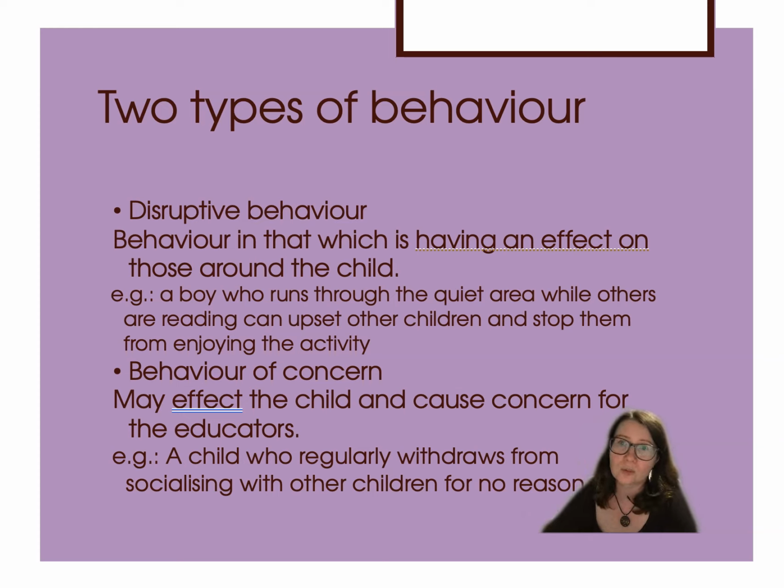For example, a child who is withdrawing from communications, doesn't participate in social play, is also displaying a behavior of concern. But typical behavior of concern includes self-harm, hitting other children, hurting an educator, disagreeing to the point of defiance when they become disruptive and destructive.